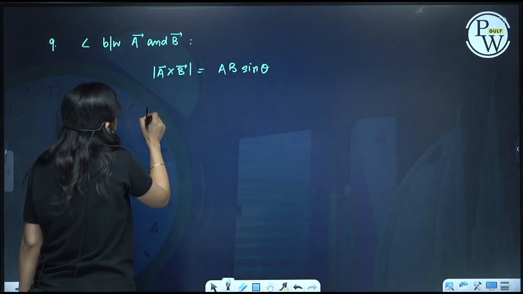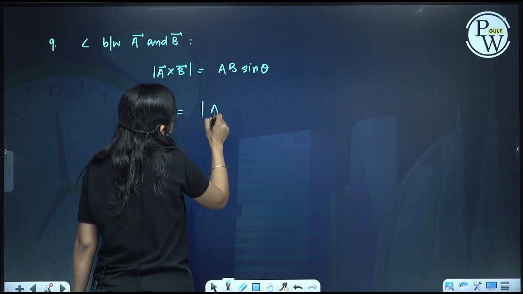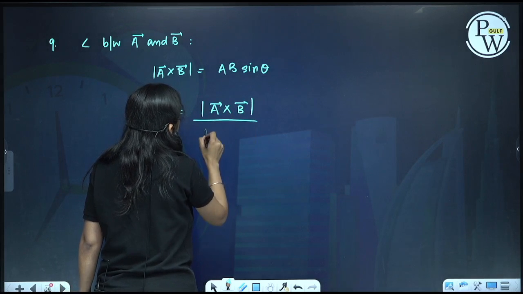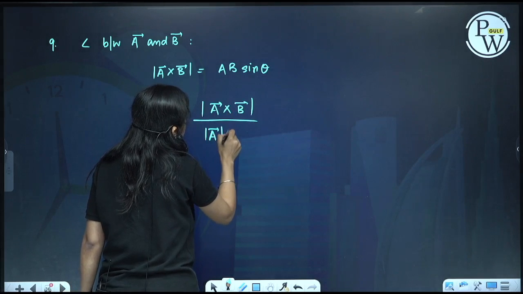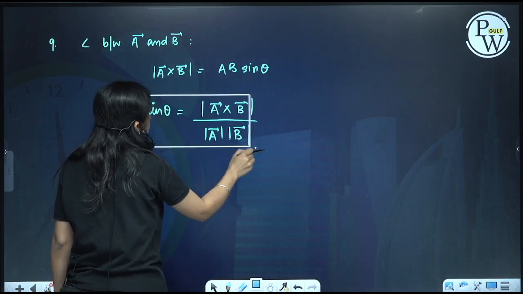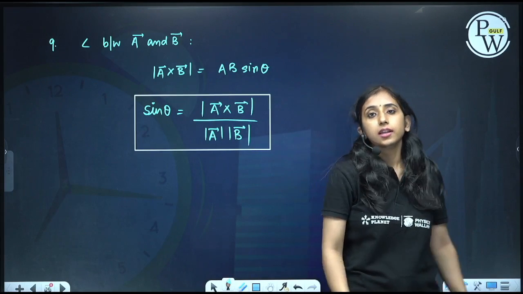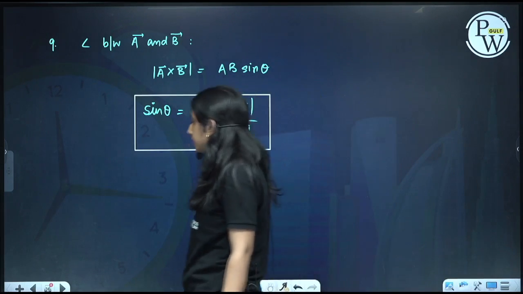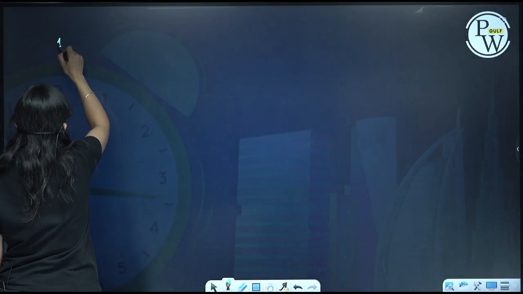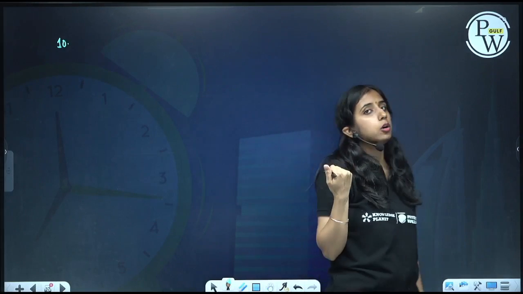So from here sine of theta will be equal to magnitude of a cross b divided by magnitude of a into magnitude of b. This is how we can find sine of theta. These are all the properties of vector product or cross product.